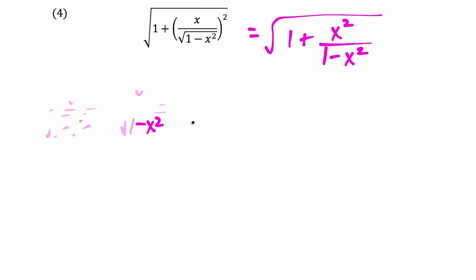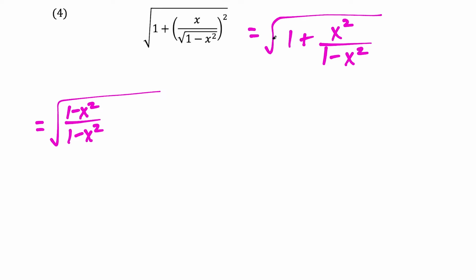So now from here, we're going to make a common denominator for the first term, the 1 plus. So let's rewrite 1 in the next line as 1 minus x squared over 1 minus x squared. I'm just rewriting 1 with a denominator of 1 minus x squared so that we can combine it with the other fraction.